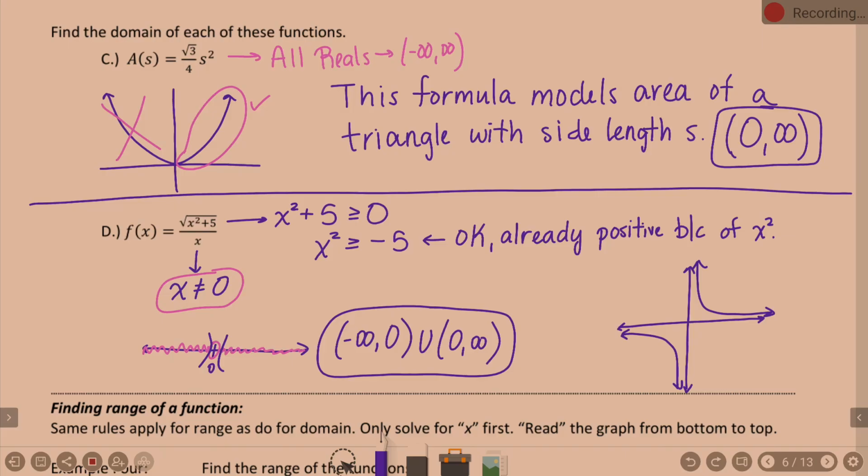Does that make sense? If I hop on the graph from the left, now I'm going back to algebra 2 methods, and I start tracing it, I'm hopping on at negative infinity, and then we start going down. What value are we approaching as we go down? We're approaching that y-axis of 0. Then we hop across the asymptote and hop on up here. We are really close to 0, right? And you're going 0 to infinity.